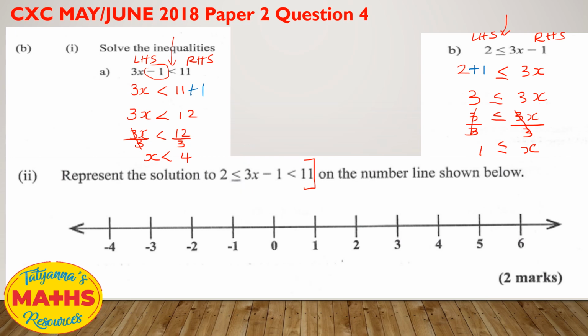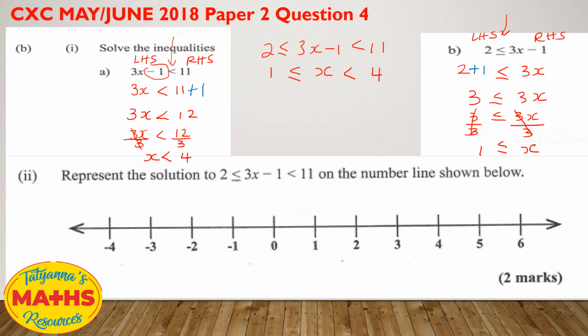So what we're just going to do is write down the solutions. In other words, we have 2 is less than or equal to 3x minus 1 less than 11. So we're going to write an x here, less than or equal to, that answer was 1, and here was less than 4.